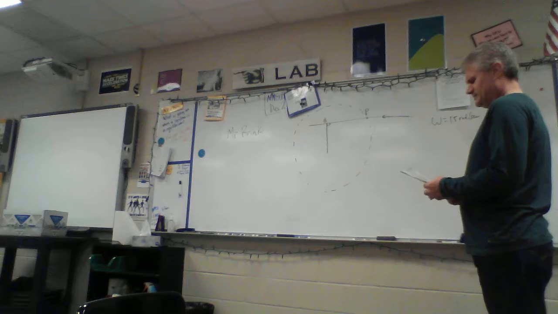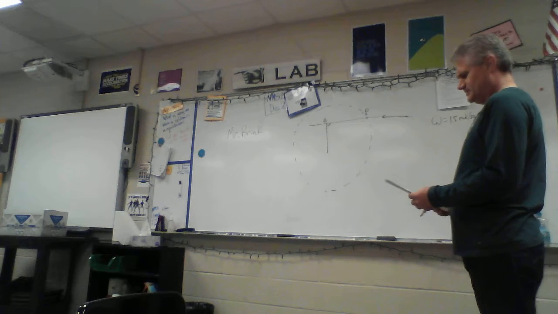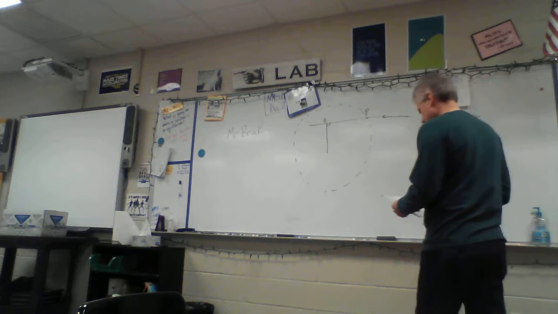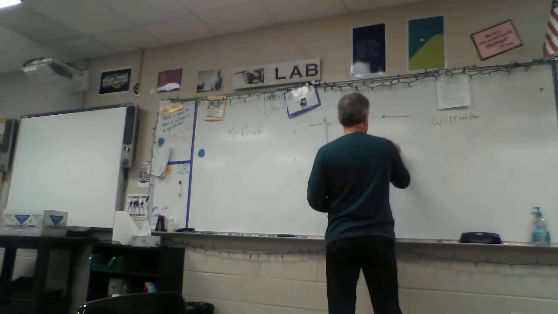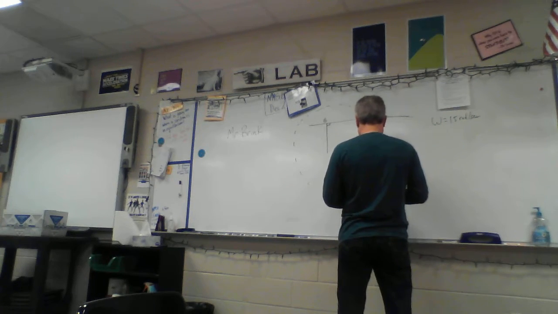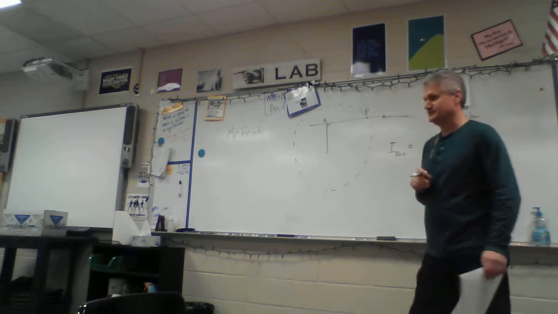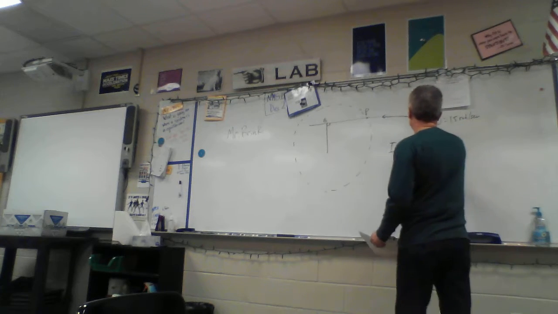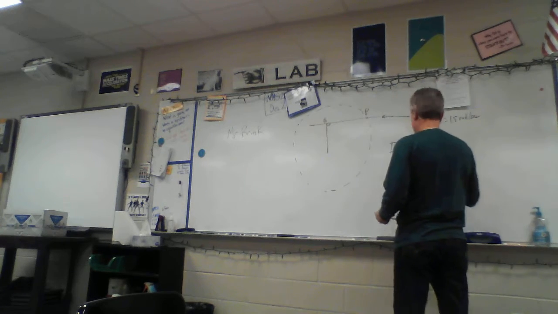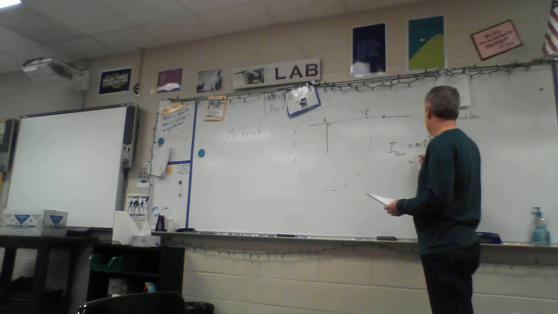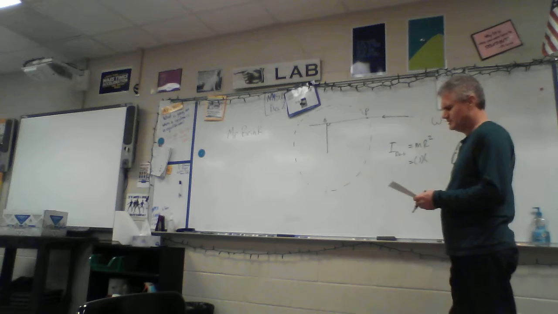All right, they want you to calculate the rotational inertia of the following. So first, the dart stuck to the wheel. The rotational inertia, or I, of the dart, and we're just going to treat the dart as if it's a point, so that's just mr squared. They told you the mass of the dart is 0.1.